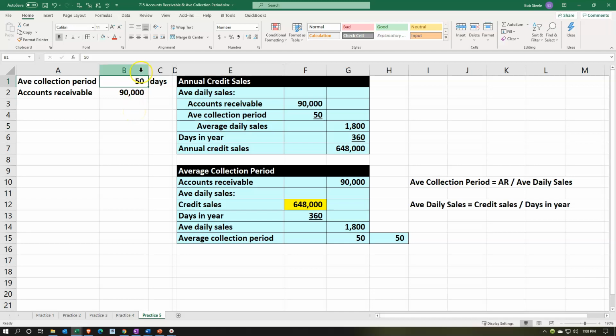So if they give you this number, the one that's not normally on the financial statements, and ask you to calculate something on the financial statements, or if you're doing projections into the future and you're working with something that's not on the financial statements, making an assumption about it, and want to then go to something in the financial statement, you may want to start with the calculation for that number that's not on the financial statement, the thing that you normally calculate from the financial statement, and then back into whatever the unknown is that you're looking for.